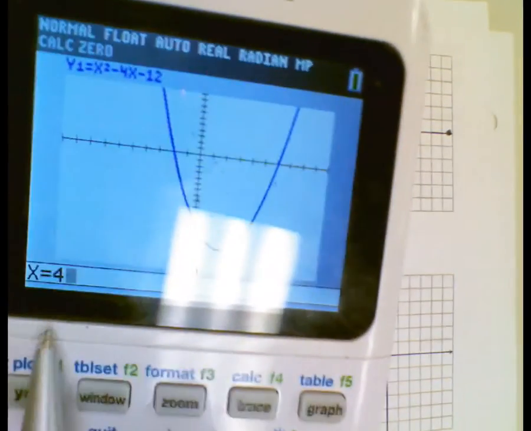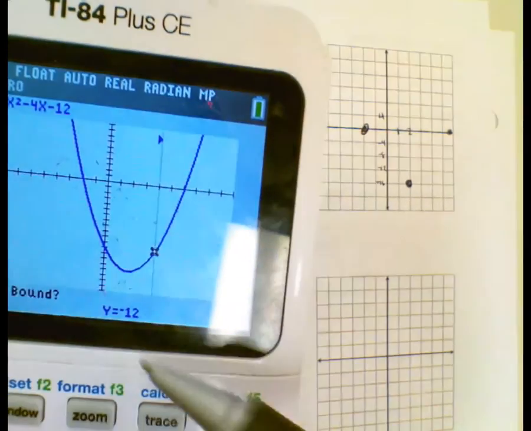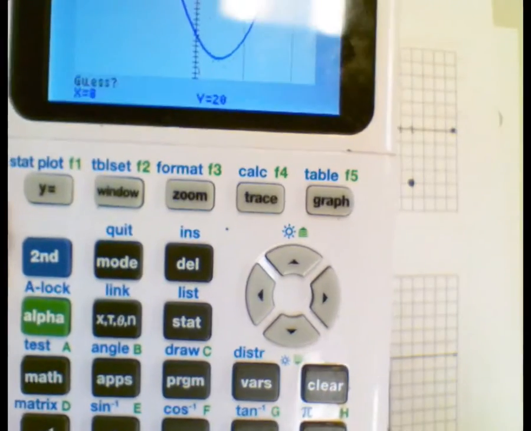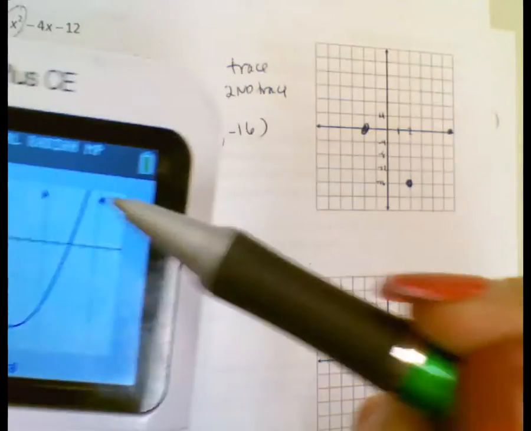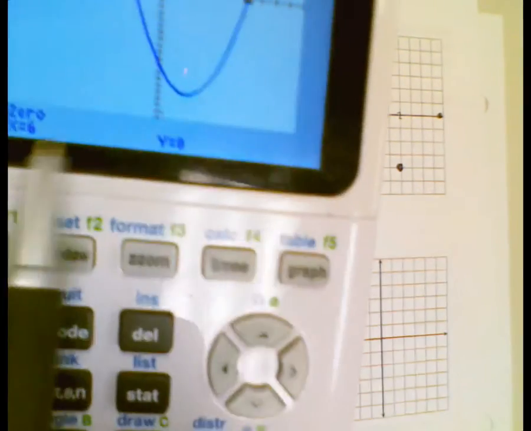So x equals 4 is my guess. I press enter, and it puts a line down at x equals 4. For my right bound guess, I'm going to say it's around 8, so it's between 4 and 8 somewhere. I type in an 8 and press enter, and it gives me another line. You see how this point right here is between these two lines. That's good. And then you just press enter, and it gives you your second 0, 6, 0.